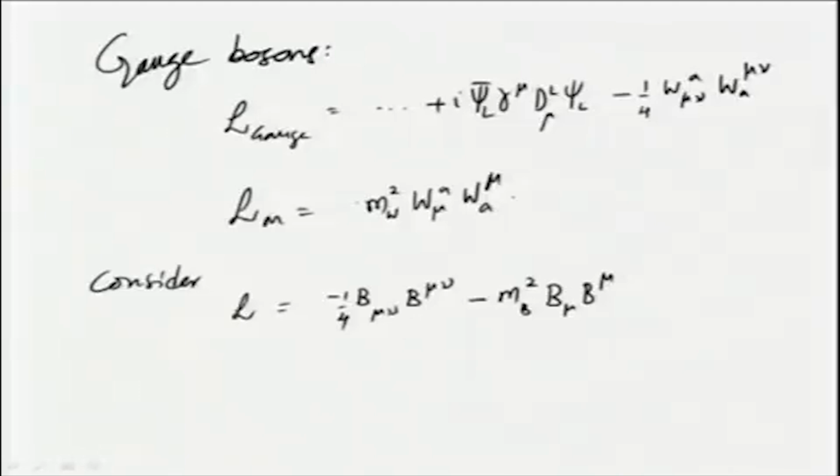What is the equation of motion? The first term has only derivative terms. So, that will give you dou L over dou B mu, because of the symmetry, equal to minus 2 M B square B mu.